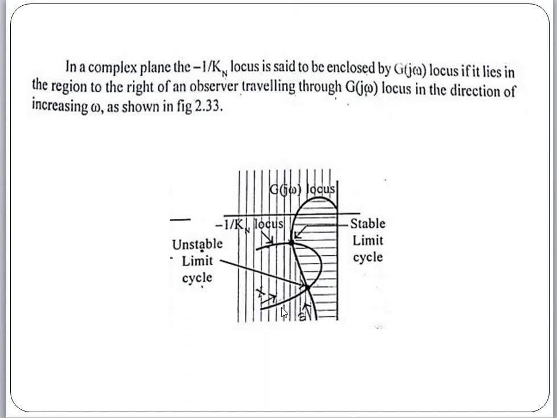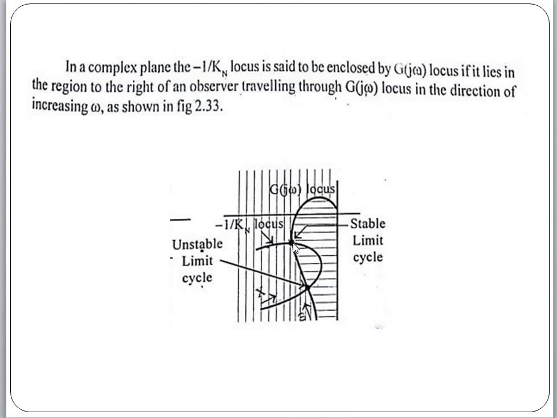At this point, the locus enters from this stable region to this unstable region. So here it enters from stable to unstable. Hence the limit cycle is unstable.